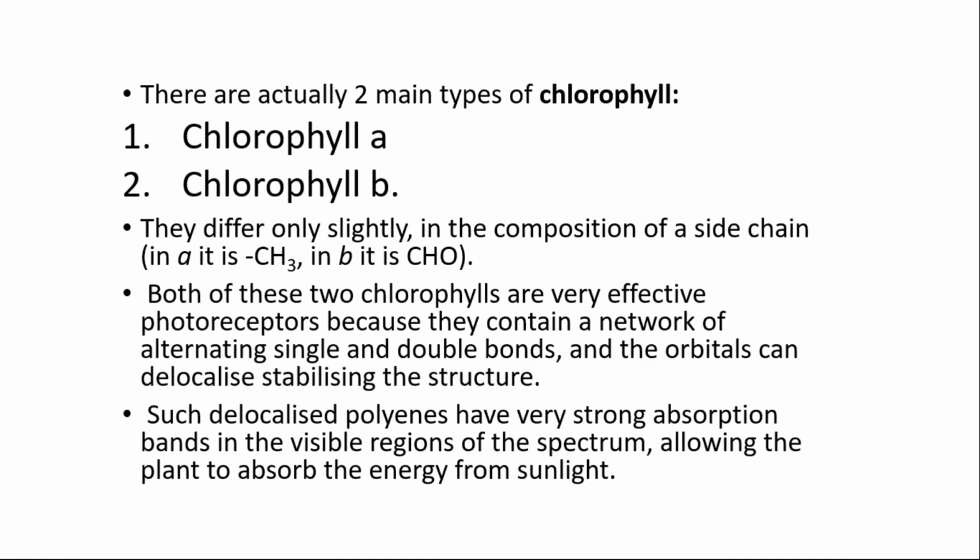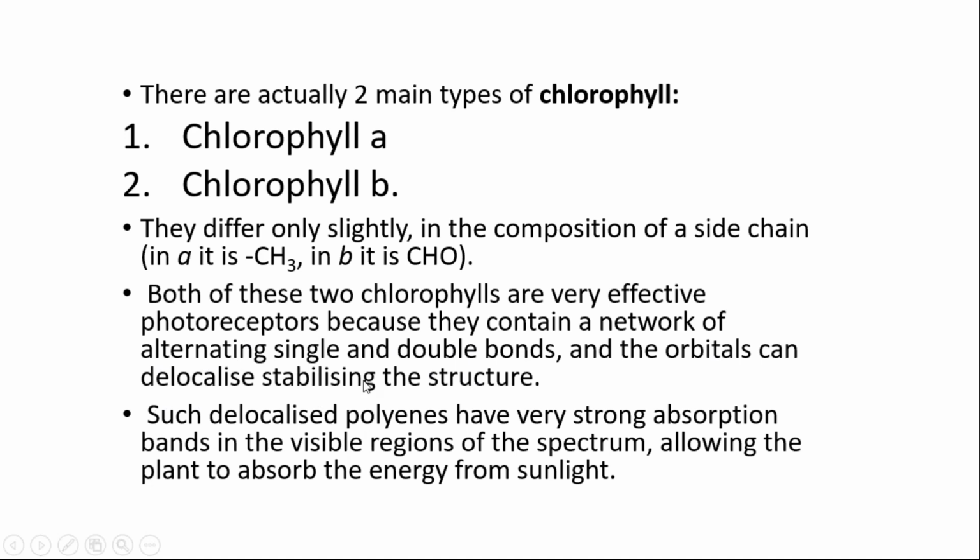So, as I've explained to you, there are two types of chlorophyll, A and B. They differ in the R group, and chlorophyll A has the methyl group and B has the aldehyde group. Both A and B are very effective photoreceptors. They also contain this network of alternating single and double bonds, and the orbitals can be delocalized.